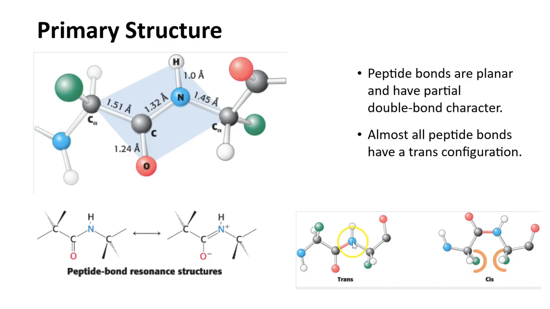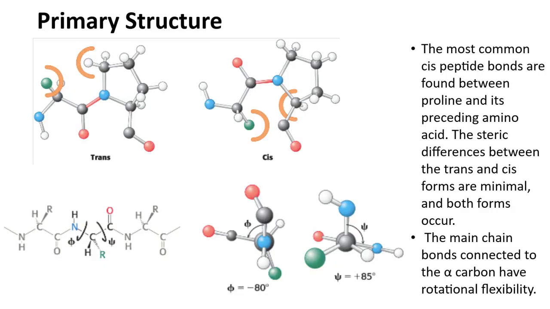And whenever it is in this trans configuration, we don't have any sort of steric hindrance happening, but if it ever gets into a cis type of configuration, then there is some steric hindrance happening. But of course, this is not always the case.